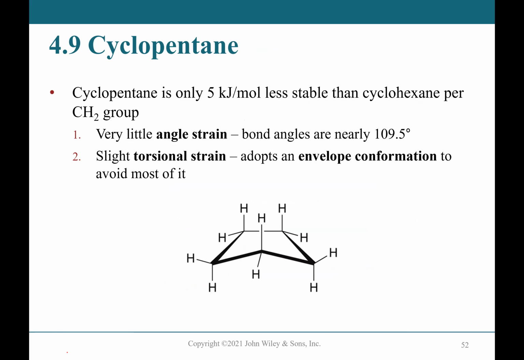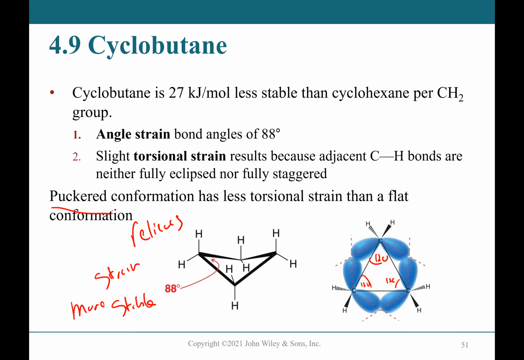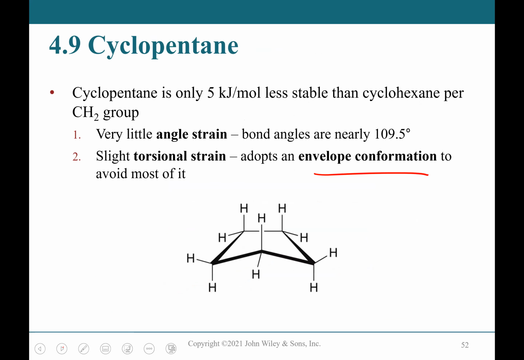And slight torsional strain adopts an envelope conformation to avoid most of it. So we call this an envelope conformation. This one here was called puckered. And this is stuff that just has to be memorized. I don't like memorization, but a lot of organic chemistry does come down to memorization, so just practice it.